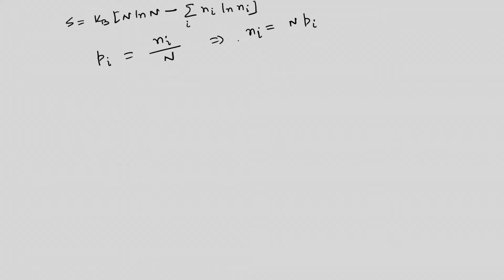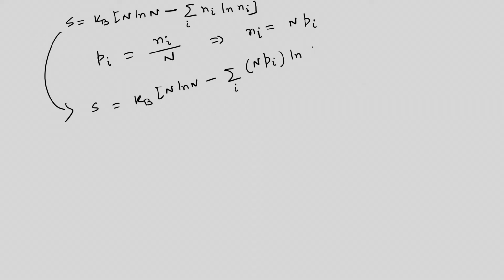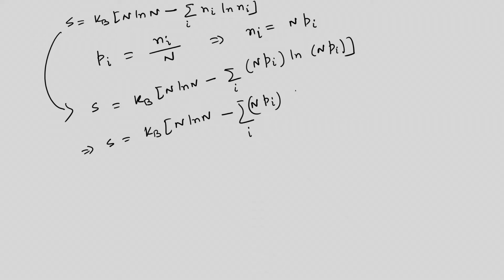Now, if we substitute the value of ni here in the expression of entropy, we get S is Kb times n ln n minus sum over i n Pi times ln n minus sum over i n Pi times ln Pi.